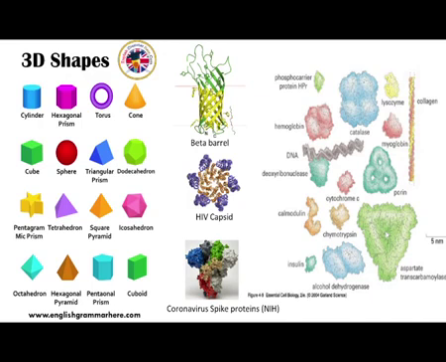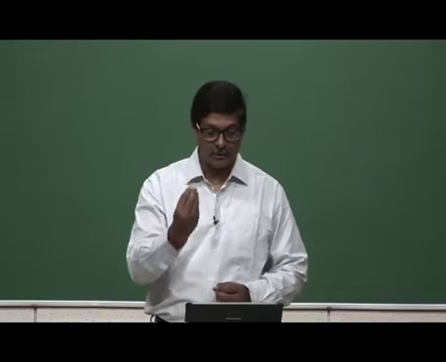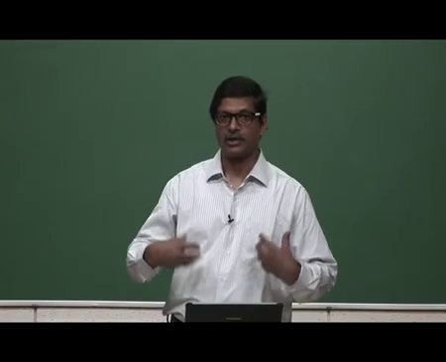If you look at the very fresh one that we are now talking about, the coronavirus, you might have seen the structure or the figures of coronavirus, which is a sphere, and on top of those spheres there are some protruding things. Those protruding things are called the spike proteins, and it is with these spike proteins that the coronavirus actually attaches to a host cell.